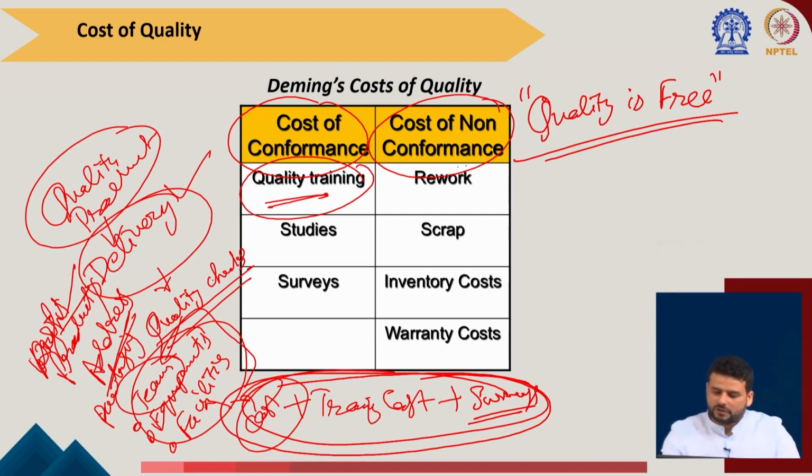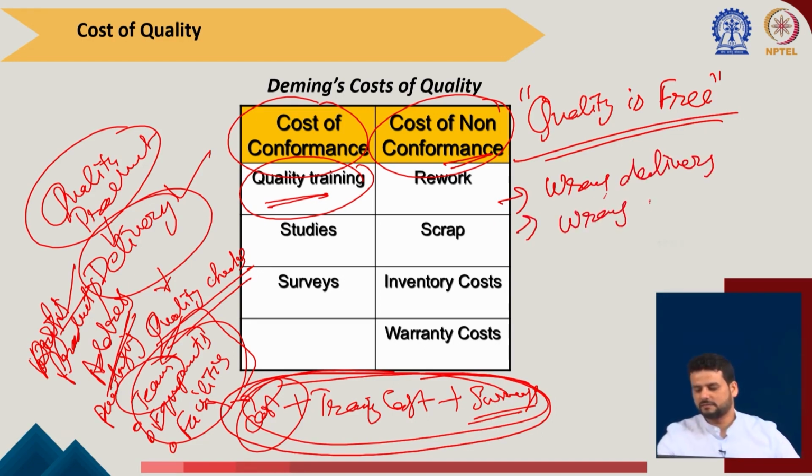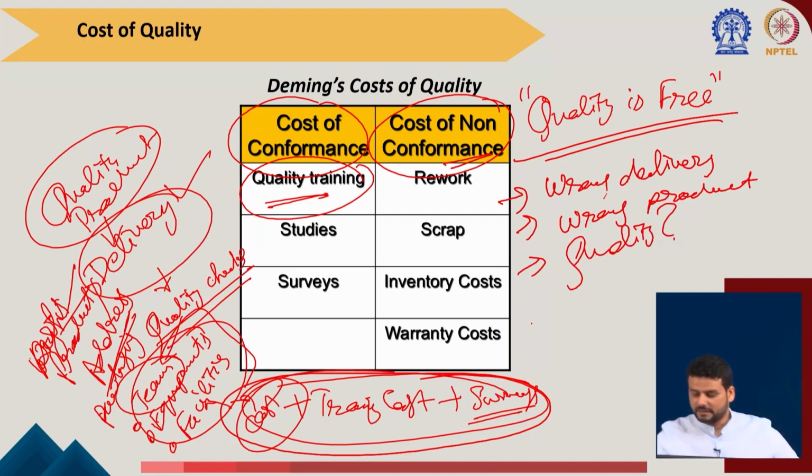Then there is the cost of non-conformance. Let us say we are not doing that and are picking randomly. What will happen? We will make the wrong delivery, we will ship the wrong product, and quality will be in trouble.